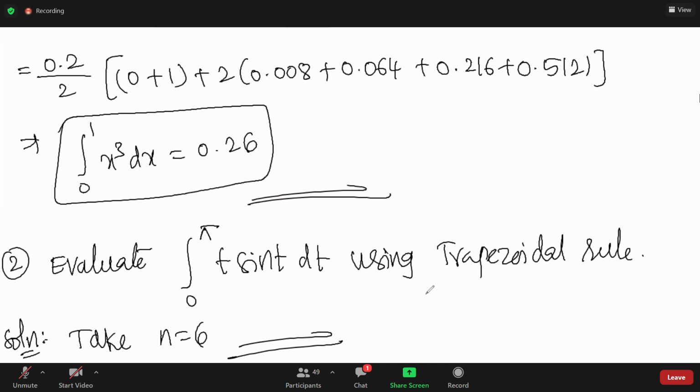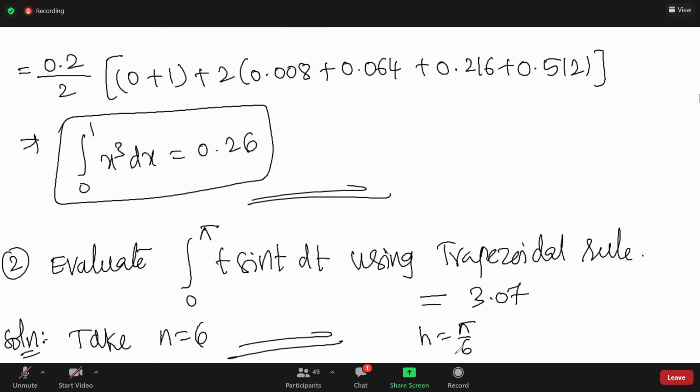H is equal to pi by 6. The points are 0, pi by 6, 2 pi by 6, 3 pi by 6, 4 pi by 6, 5 pi by 6, lastly 6 pi by 6, that is pi.